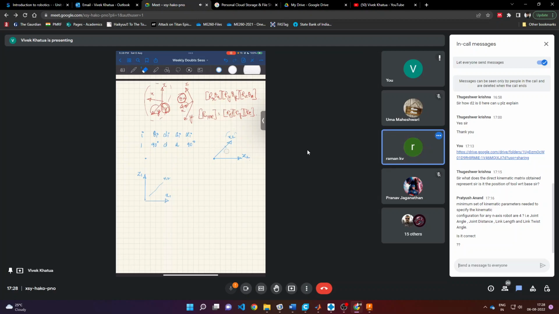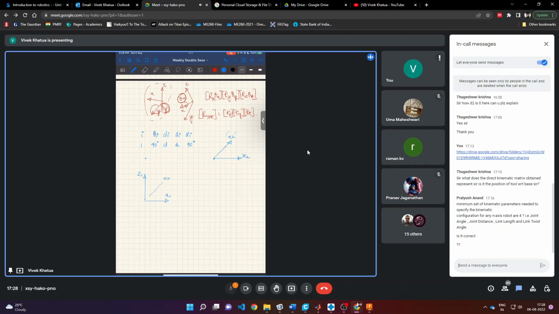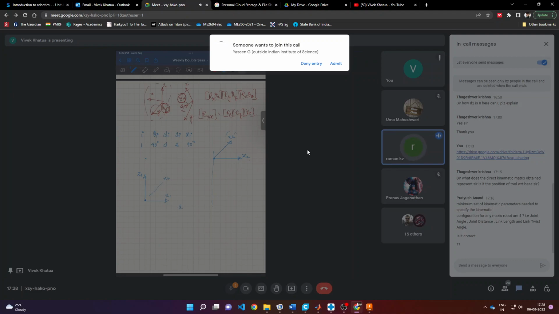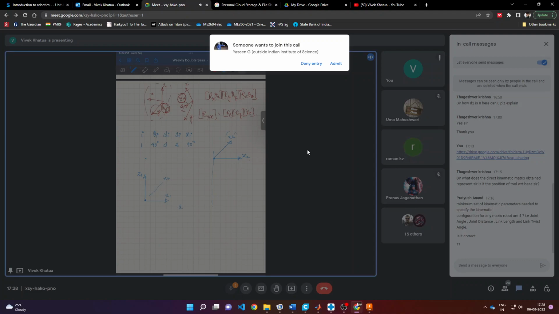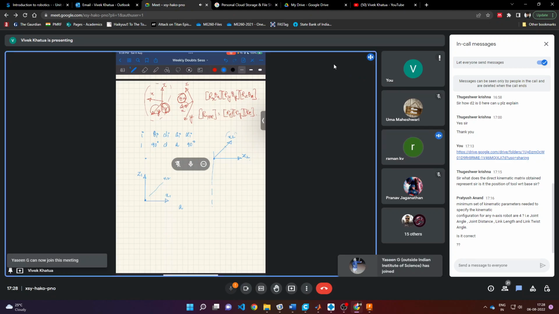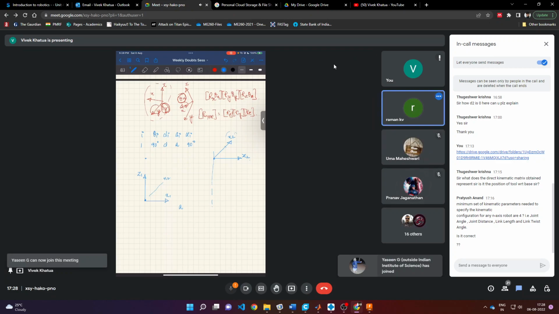Yeah, my bad, sorry. So this is following the transformation matrix that we have made, according to the ground frame. So this is for A1, this rotation you are telling. Sorry, this is for this transformation.